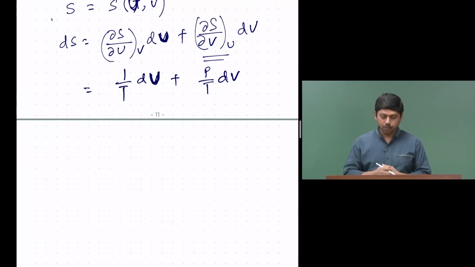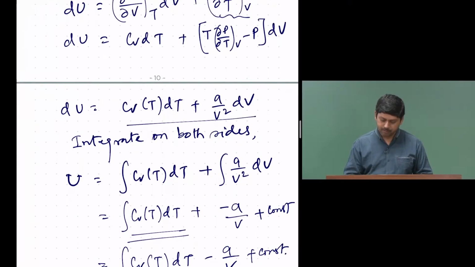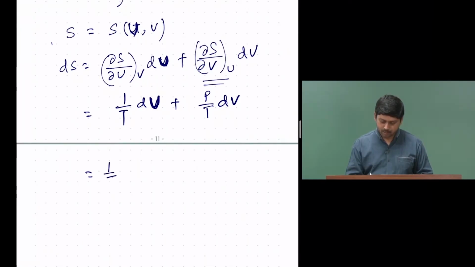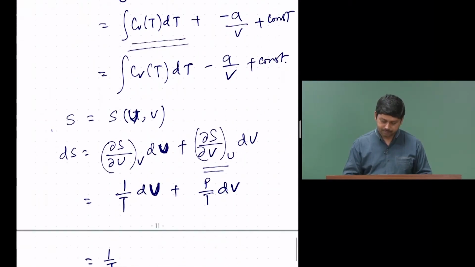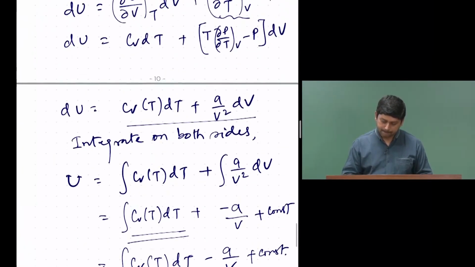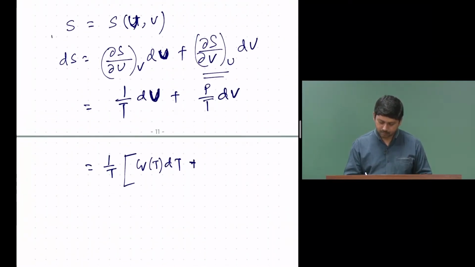So, you see now we got du, and du we already know as this quantity. So, 1 by t, CvT dt, plus a by v square dv, plus p by t dv.